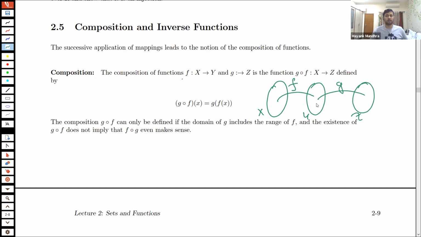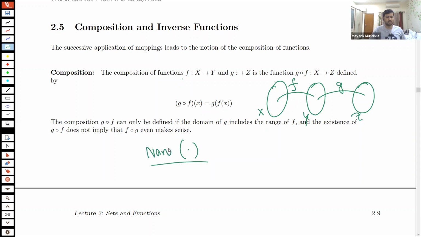So you start from X, go to Y, from Y you go to Z. Suppose you have the Nani function. The Nani function gives the Nani of any person X. So what it does is it finds your mother and then it finds your mother's mother. So it applies the rule twice. Or you could have the Nana function.